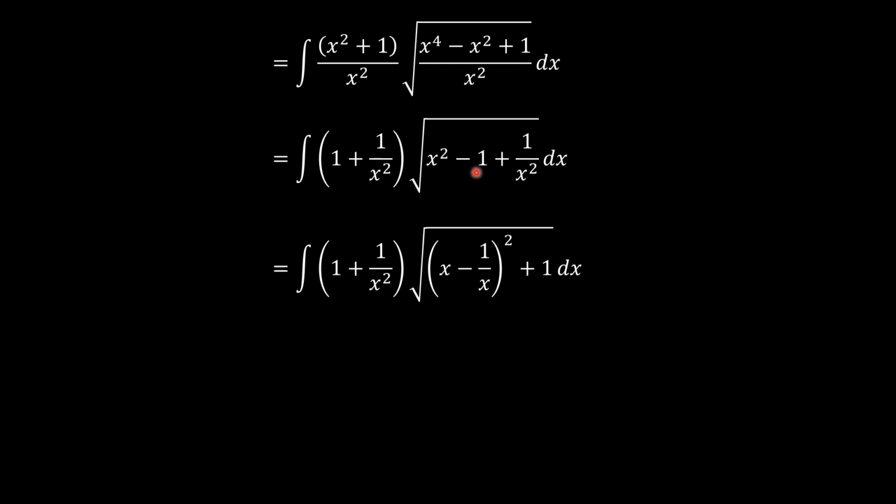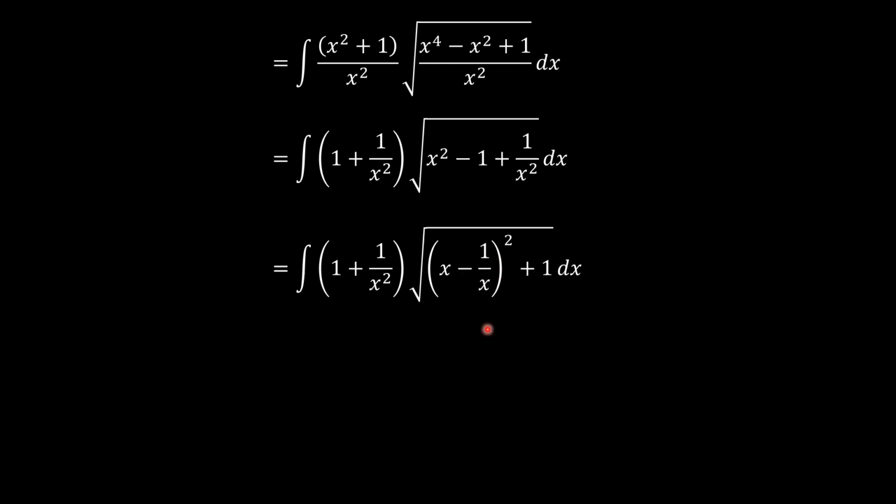When you square, we have minus 2, but we have a minus 1, so we have to add an extra 1 here to bring it back to minus 1 instead of the minus 2 that would result from squaring this.